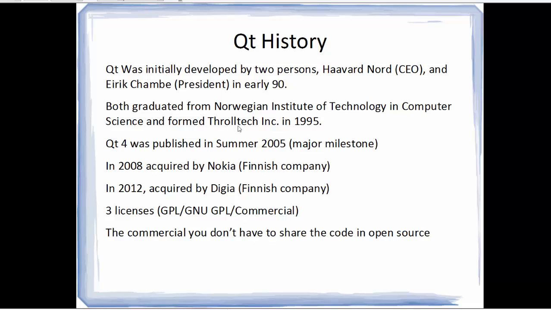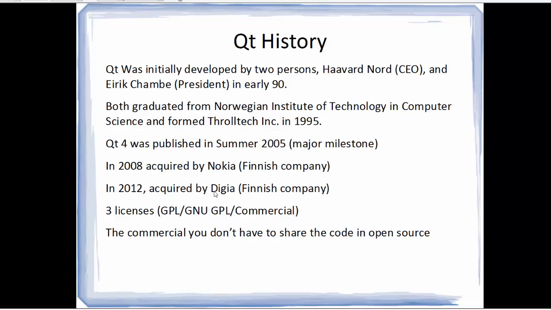Now the major milestone in the history of Qt was Qt 4, which was published in summer 2005, and in 2008 this Qt company was acquired by Nokia, which is a major mobile brand at that time, right? And it was a Finnish company, and in 2012 it was acquired by a Finnish company once again, which was Digia.